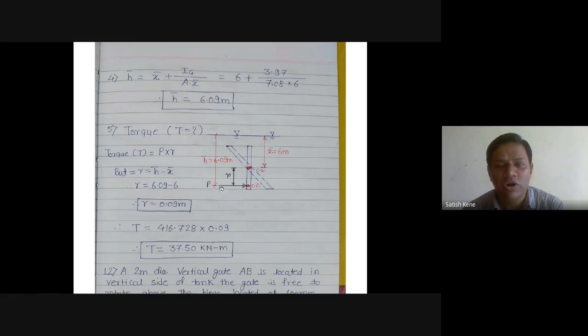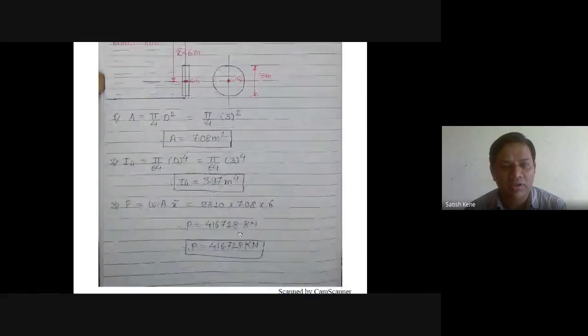So this much is the torque acting on the plate due to the pressure force P. 37.50 kilonewton meter means we have to apply one opposite torque of the same magnitude, 37.50 kilonewton meter, to maintain the plate in vertical direction in equilibrium condition. So what is our last answer? We have to apply one opposite torque with a magnitude of 37.50 kilonewton meter to maintain the plate in vertical direction in stable condition, means in equilibrium condition. So this is the value of the last answer.